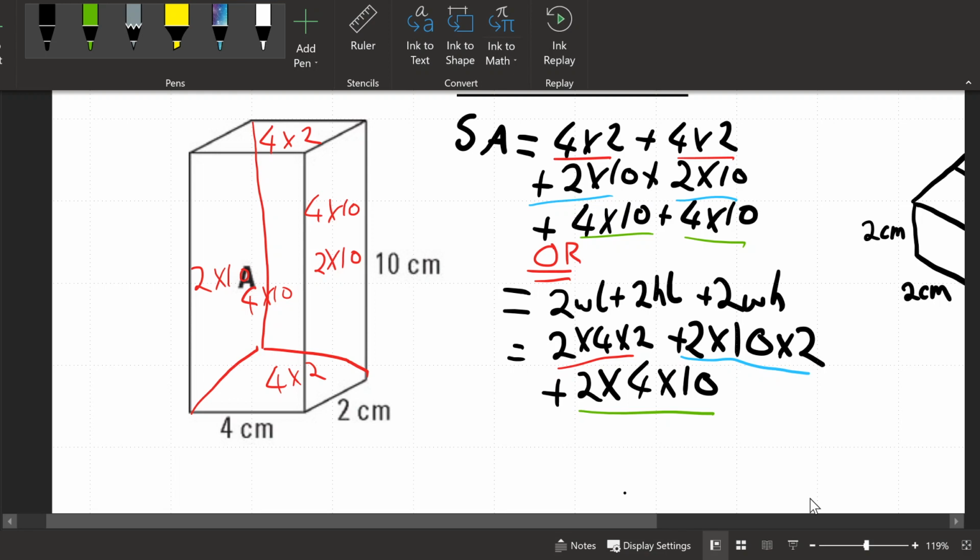So you might be wondering why I am just teaching you one method, and not just saying do this method or do this method. This one's probably a bit easier when we're dealing with a normal cube, and I'll explain that in a second. But either way, you'll realize these two values are the same.